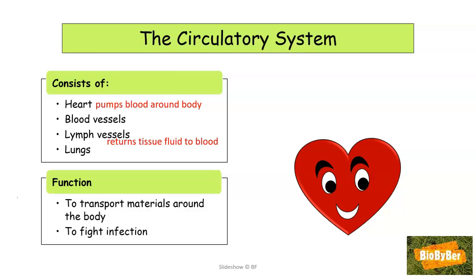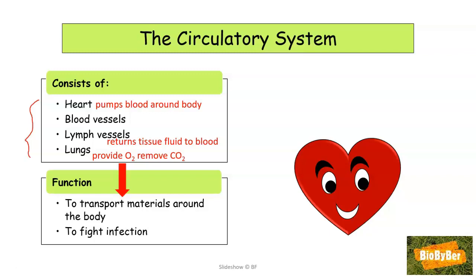The circulatory system also consists of our lungs. The function of the lungs is to provide oxygen to the blood and to remove carbon dioxide. All of these organs work together to transport materials around the body and to fight infection.